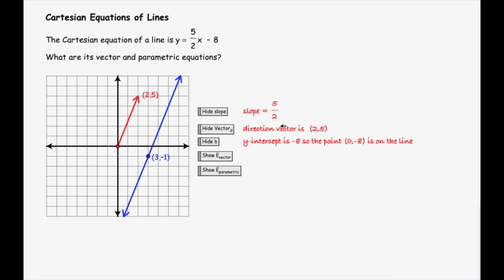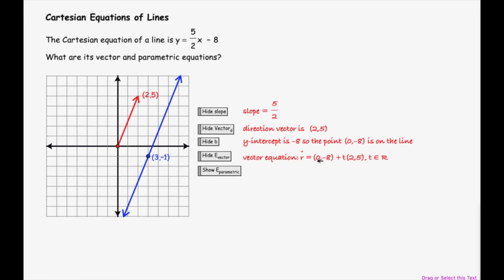So when we go to our vector equation, we're going to have r equals, and then we should have our point vector followed by the parameter times our direction vector, and then we should note that our parameter can be all real numbers. So there is our vector equation. r equals 0, -8 plus t 2, 5. t is any real number.